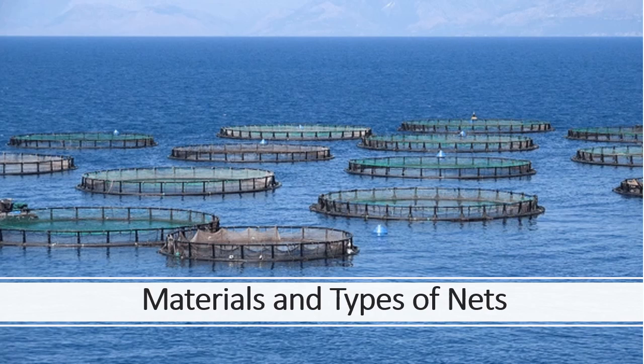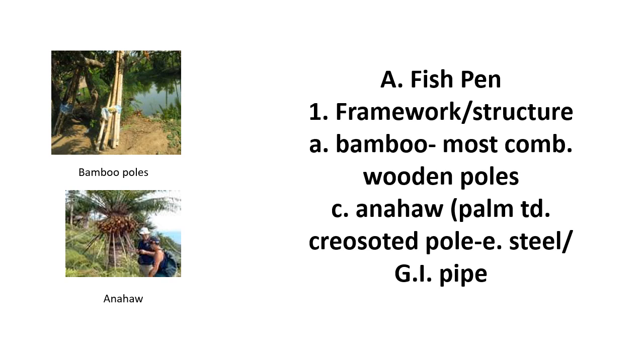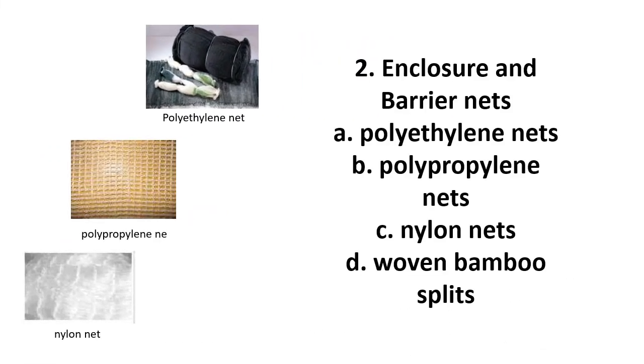Here we have the materials and types of nets. Fish pen: for framework structure, we have bamboo, wooden poles, and anahaw. For enclosure and barrier nets, we have polyethylene nets, polypropylene nets, nylon nets, and woven bamboo splits.